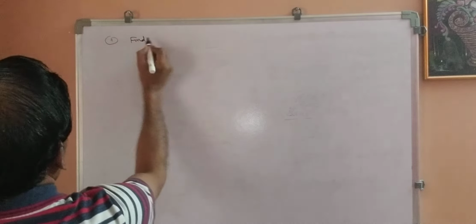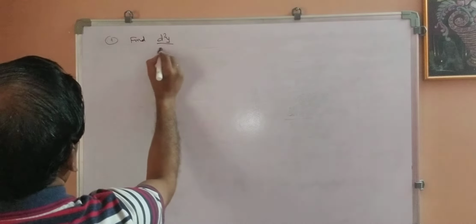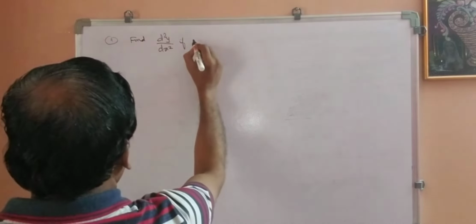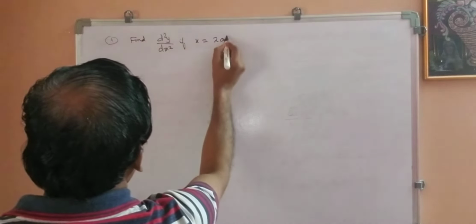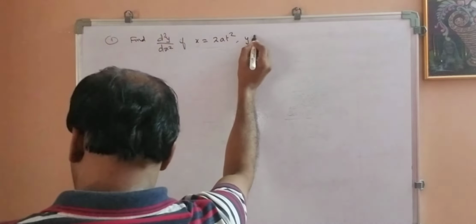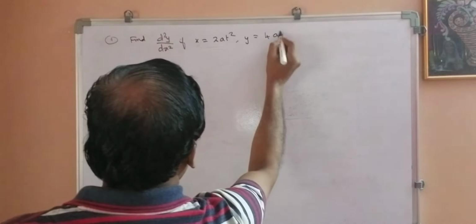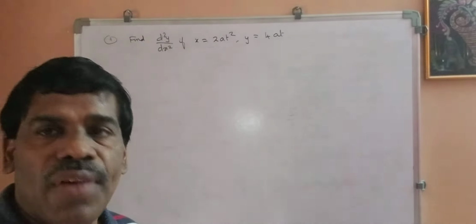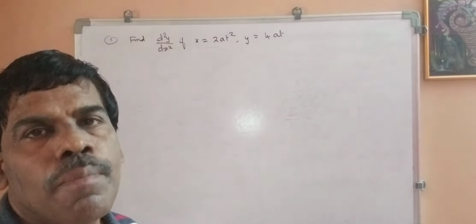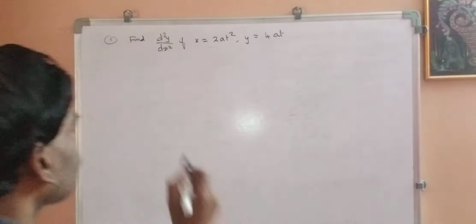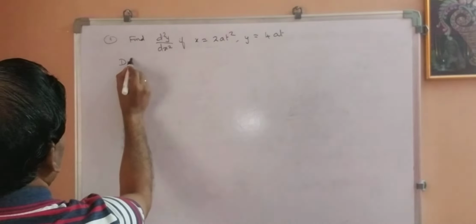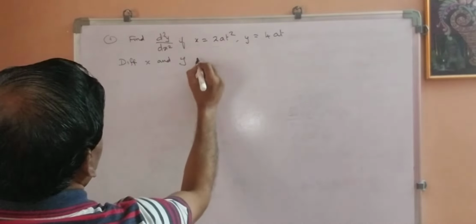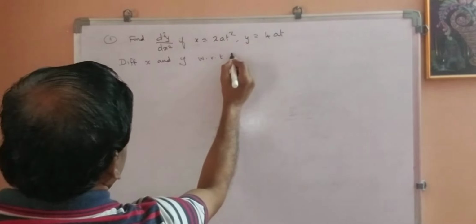Find d square y by dx square if x equal to 2at square and y equal to 4at. Here also, as I told you, both the functions x and y are in terms of t. Therefore, differentiating x and y with respect to t.